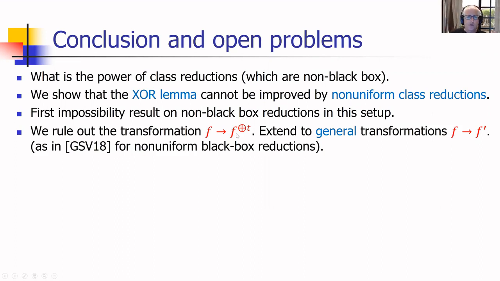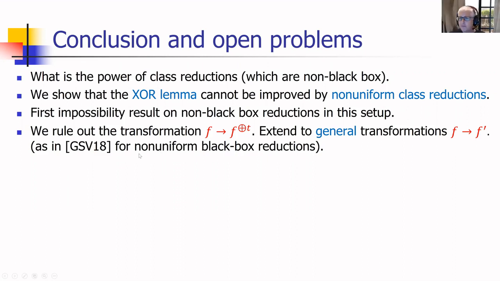Now let me move to some open problems. In this paper, we rule out hardness amplification transformations of the form F to F XOR t. But we would like to extend these limitations to general transformations, no matter how you transform F to some supposedly harder function F prime. And this was achieved in earlier work with Greenberg and Viola, in the case of non-uniform black box reductions.